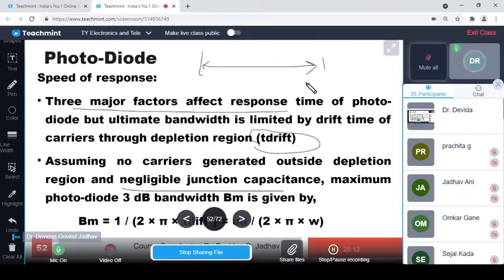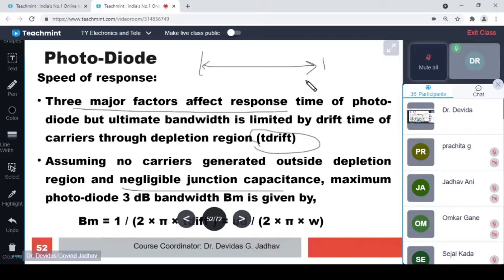To increase the sensitivity and to remove the diffusion region, we are making the depletion region very wide. This makes the capacitance negligible.